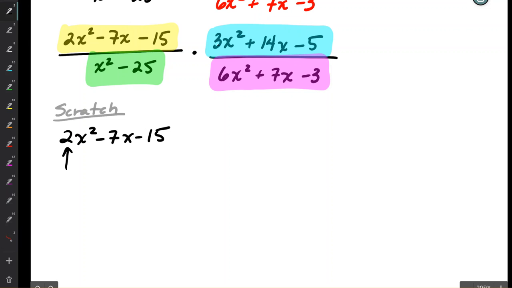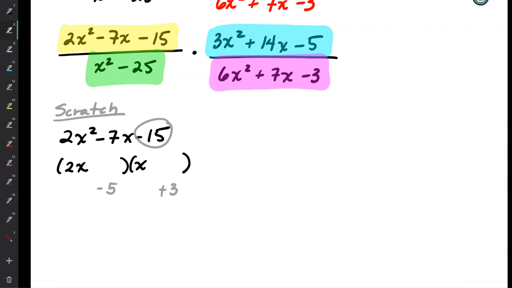So because 2 is prime, I know that this is a 2x times an x, right? 2x times x will give me 2x squared. And then there's not that many numbers that are going to multiply together to give me minus 15. Because it's multiplying together to give me a negative, I know one of these things is positive and one is negative. So we could have, for an example, a minus 5 times a positive 3 would give me minus 15.